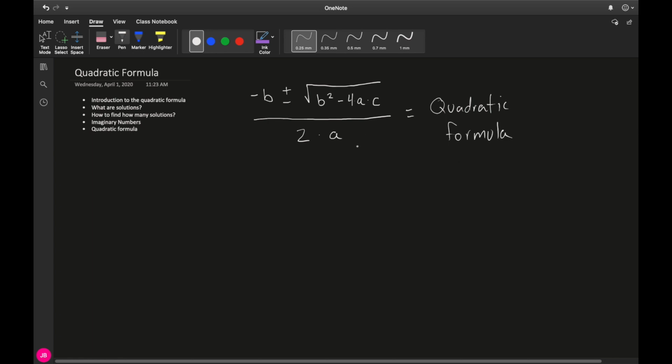Now the quadratic formula is useful to find solutions of quadratic equations. So first of all, what are quadratic equations?